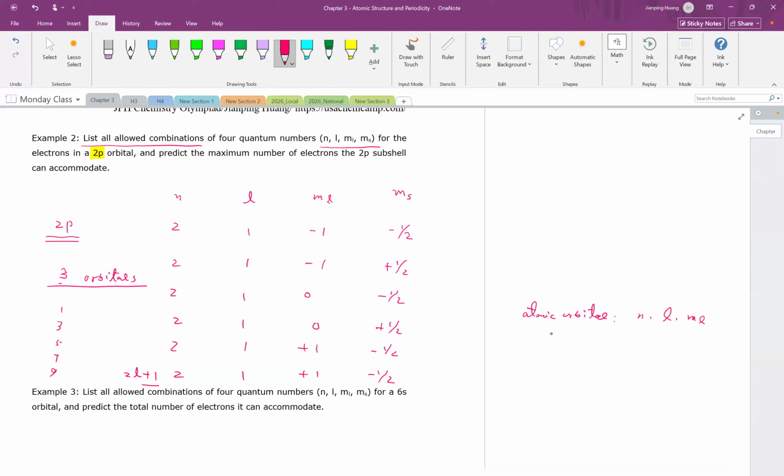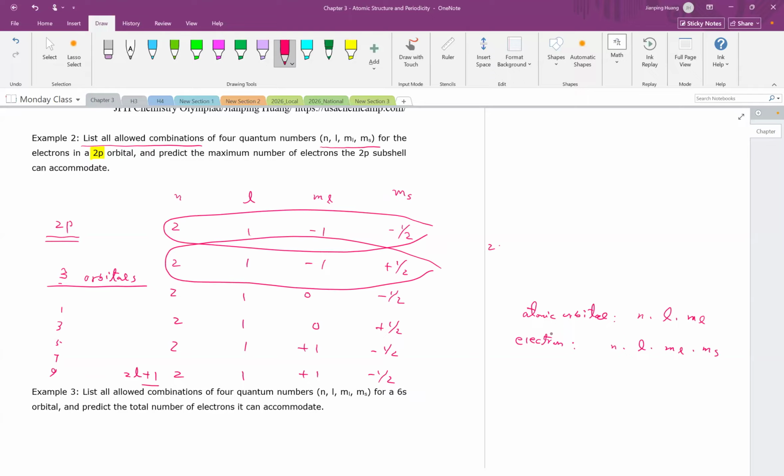Now, electron needs how many numbers? Electron needs 4, right? N, L, ML, MS. So here is 1 electron. So now here is 1 electron.